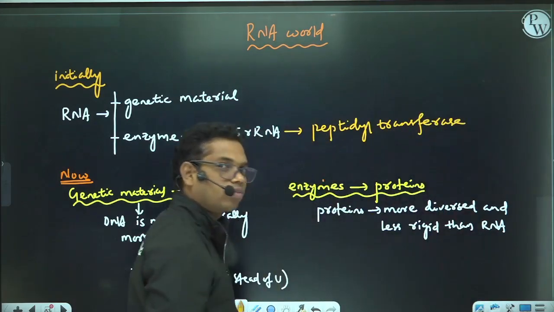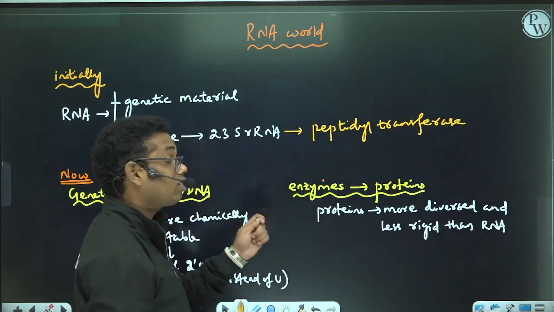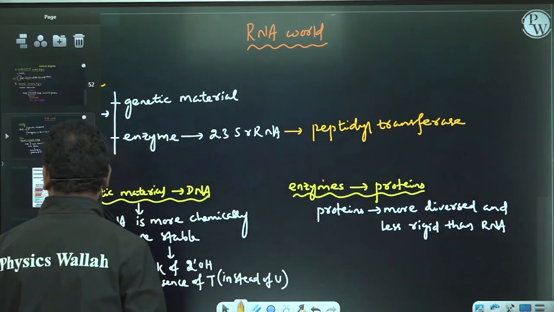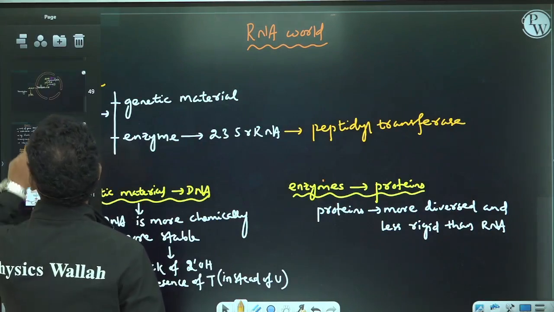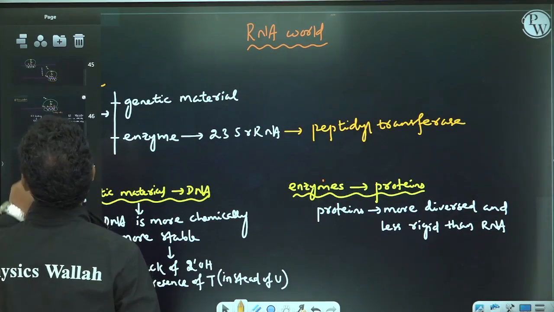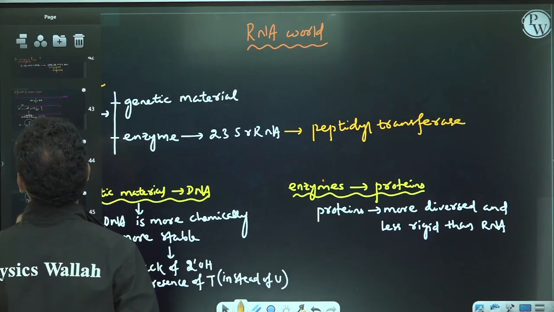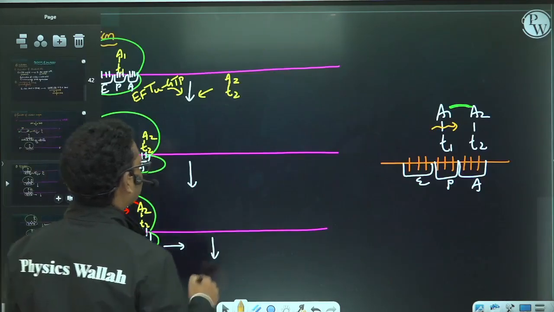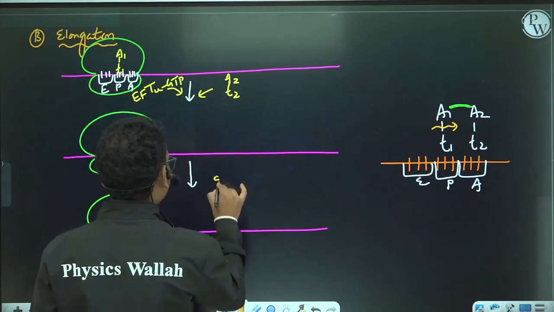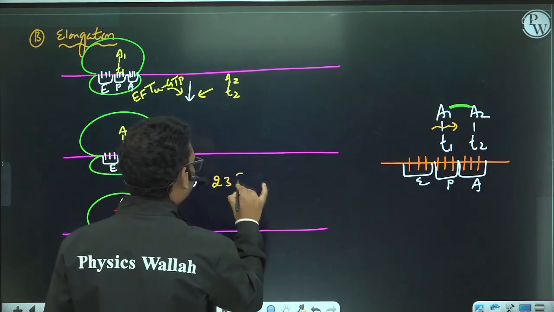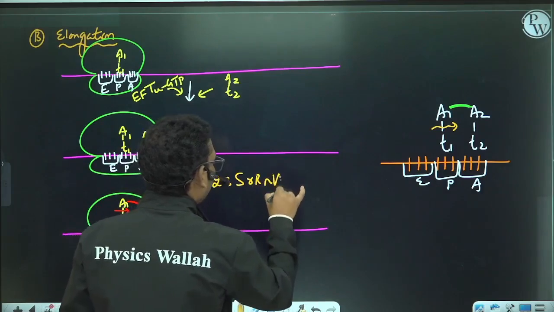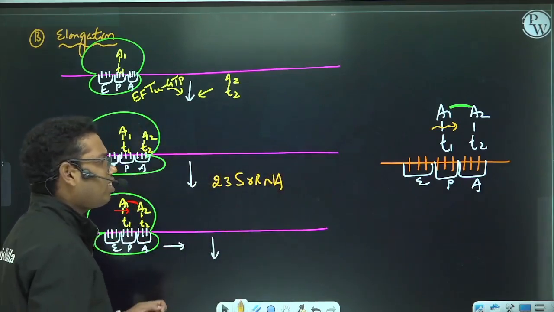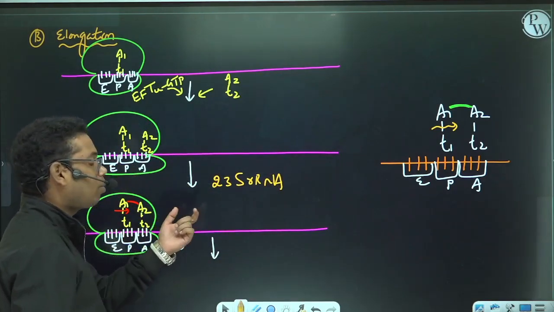Why? Because it is going to cause this step. So this step is performed by what? 23S rRNA. So why is it called peptidyl transferase?